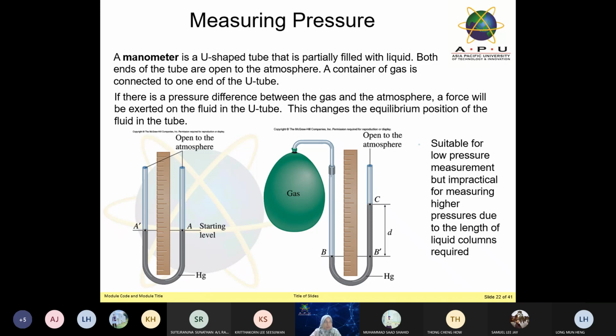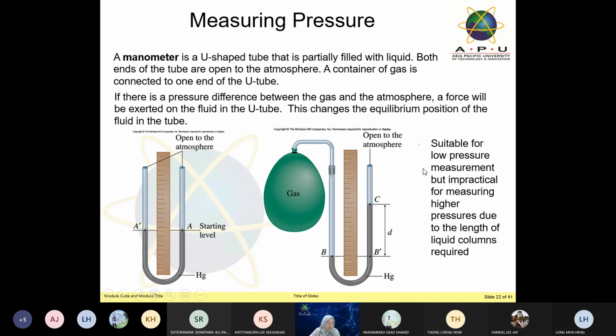Another device which is used to measure pressure is called a manometer. Just now was the barometer. The manometer is different: it is a U-shaped tube that is partially filled with liquid. Only one area is filled with liquid, the other area is filled with gas.